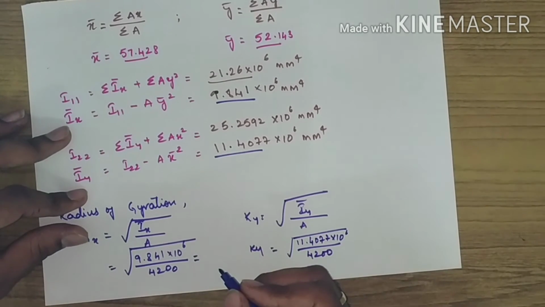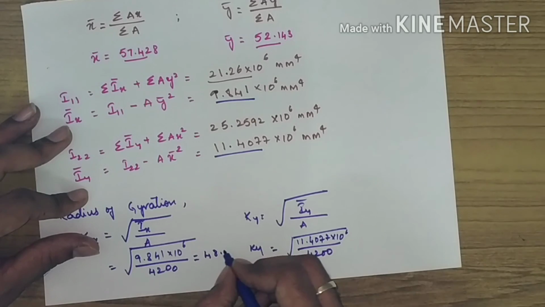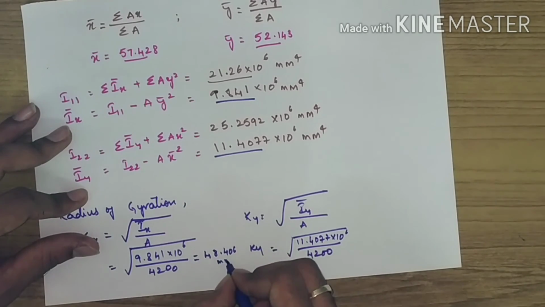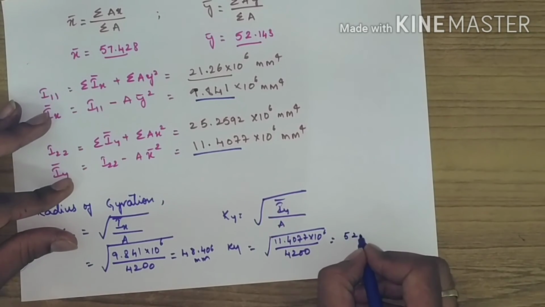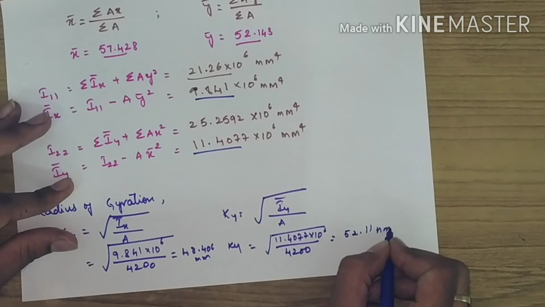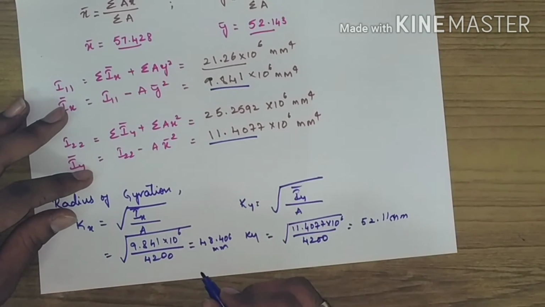So if you solve them, kx will be 48.406 mm and ky will be 52.11 mm. So these are the radius of gyration in x and y direction.